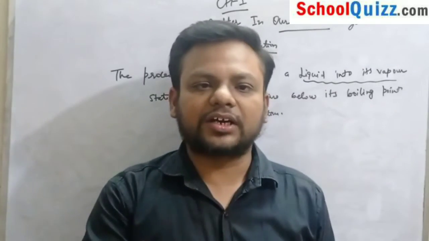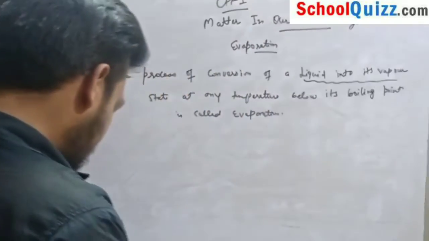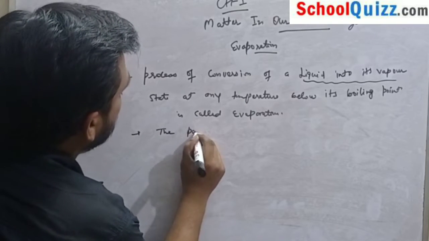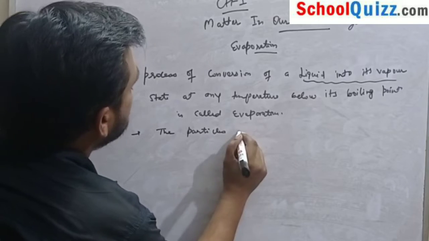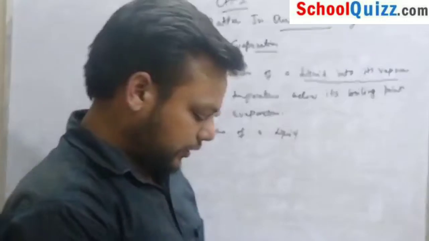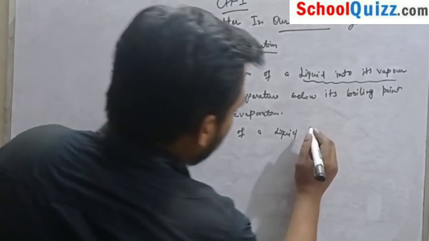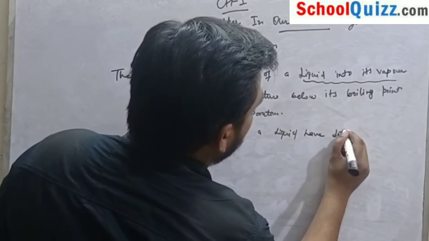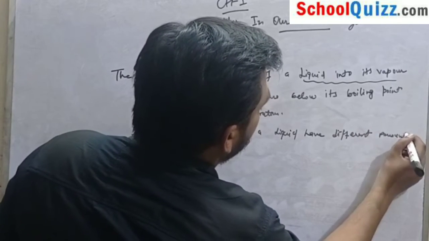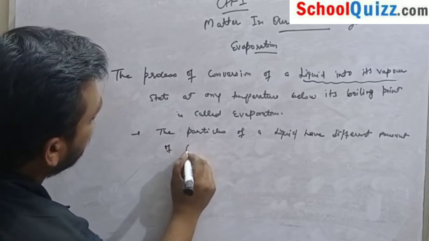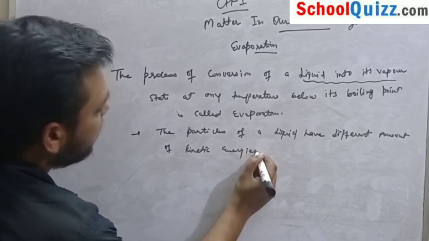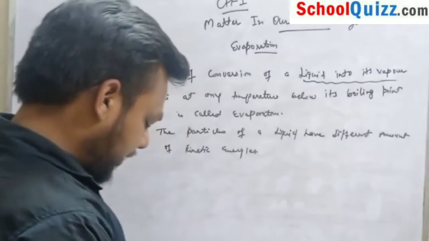So why does evaporation occur? We can write it as: the particles of a liquid have different amounts of kinetic energies.